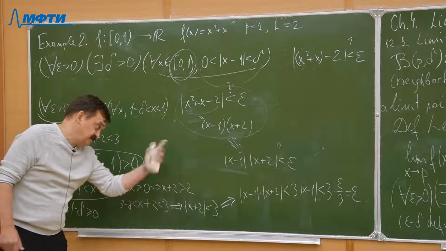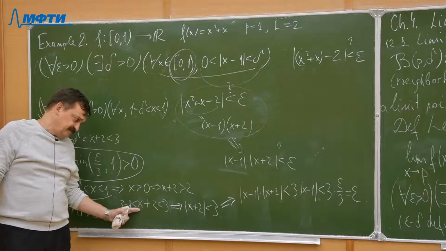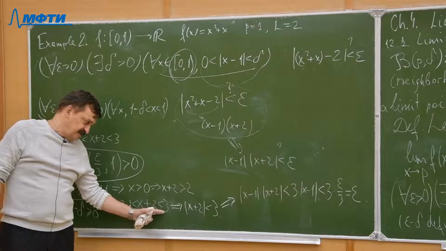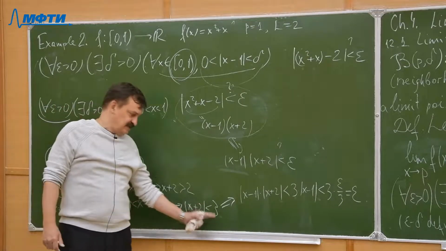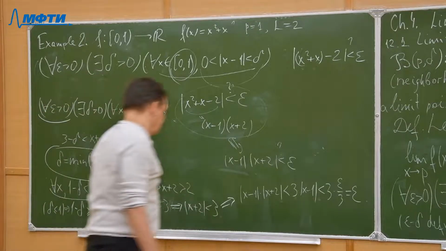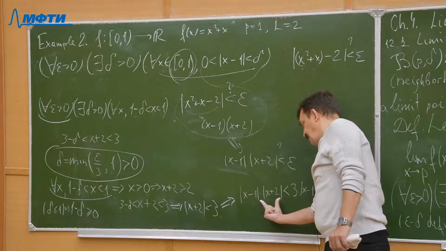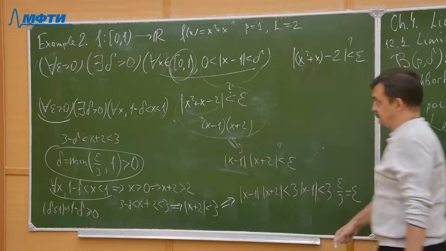In fact, it's greater than 2. But the main point is non-negative. So x plus 2 less than 3, hence modulo of x plus 2 is less than 3 as well. We want to estimate this product. Somehow we have to estimate modulo x plus 2. And that is how.